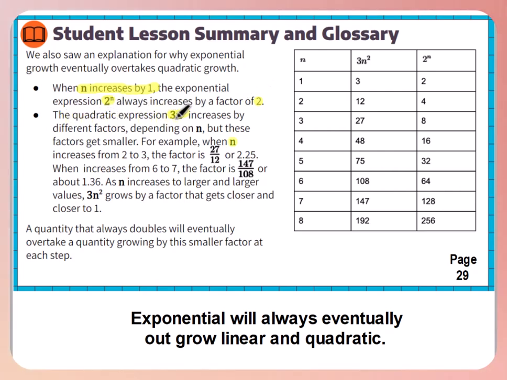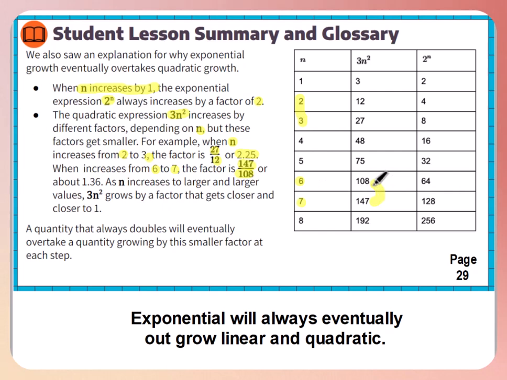The quadratic expression 3n squared increases by different factors depending on n, but these factors get smaller. For example, when n increases from 2 to 3, the factor is 27 over 12, or in decimal form, 2.25. When it increases from 6 to 7, the factor is 147 over 108.